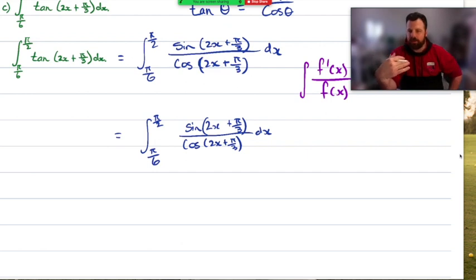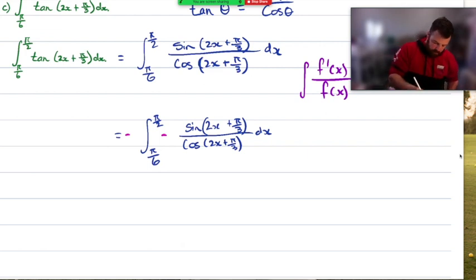We know that the derivative of cosine is negative sine. So I need to make it a negative in front of the integral, inside the integral, sorry. So remember, outside, I need to undo that change as well. And it needs to be the derivative of the bottom. Now remember, the derivative of cos is negative sine, but we've got to look at what's going on inside as well.